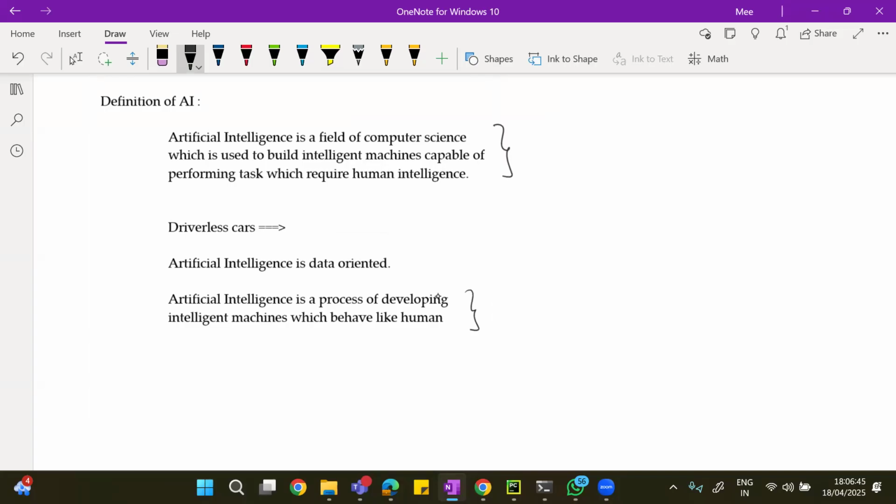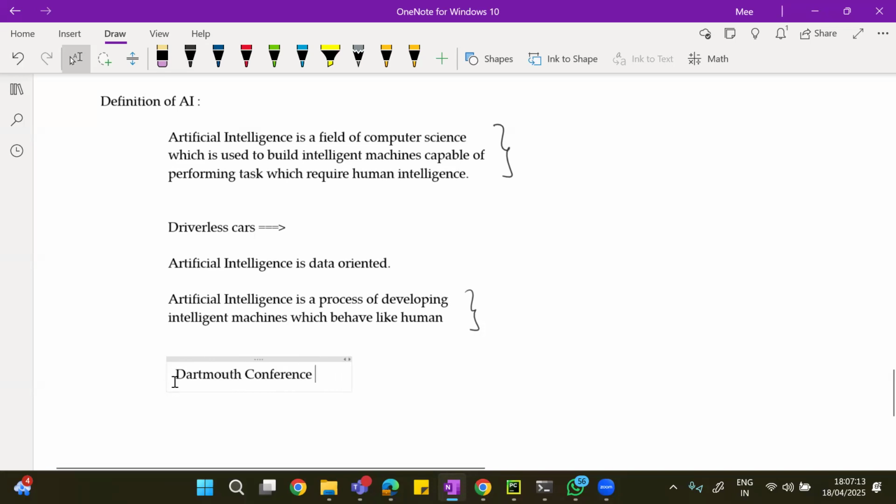Okay. Now, let's go a bit deeper into where it is coming from, from when artificial intelligence was actually introduced. There was a conference called the Dartmouth Conference.